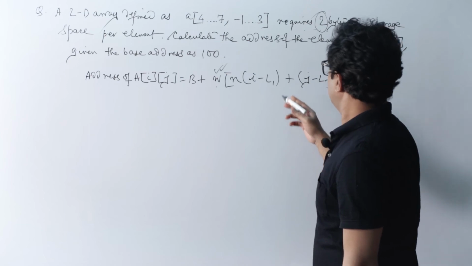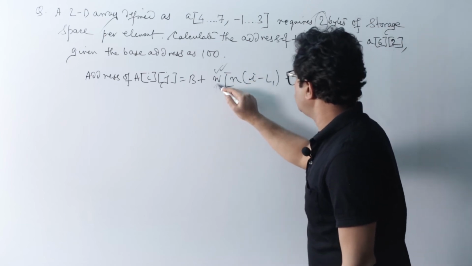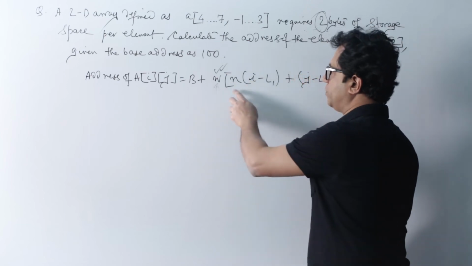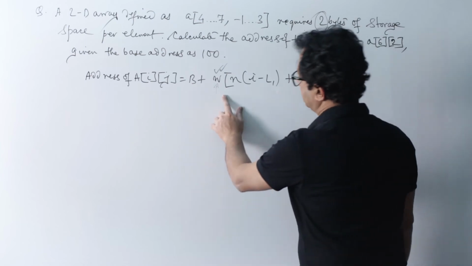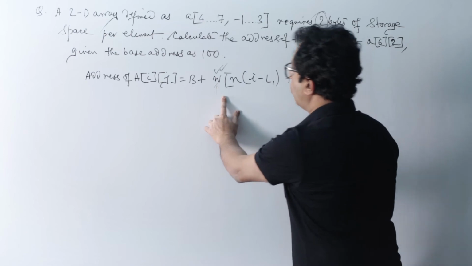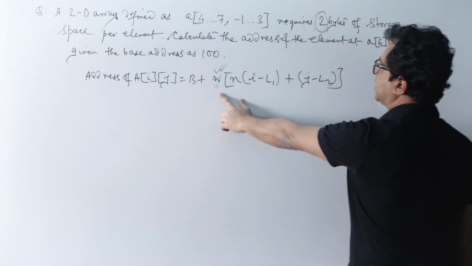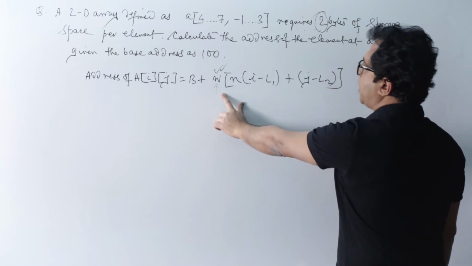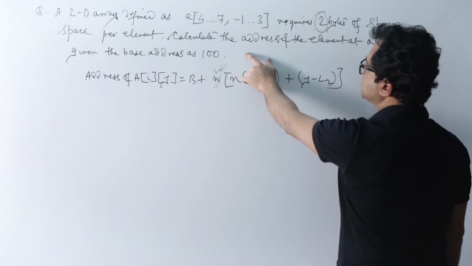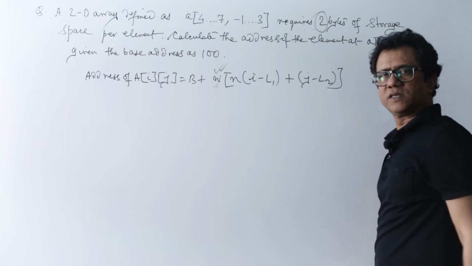For integers w will be 2, for float w will be 4, for double w will be 8, for character value w will be 1, and so on. So w is the number of bytes occupied per element in the array under consideration.